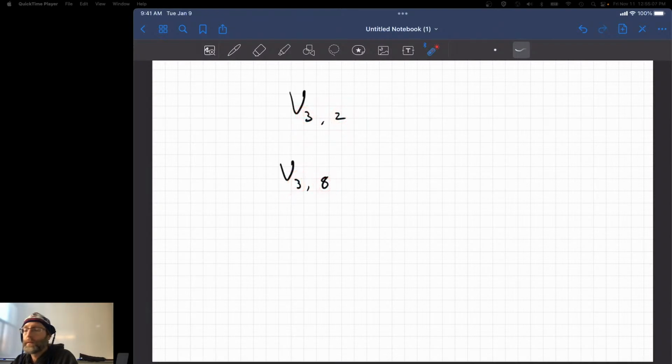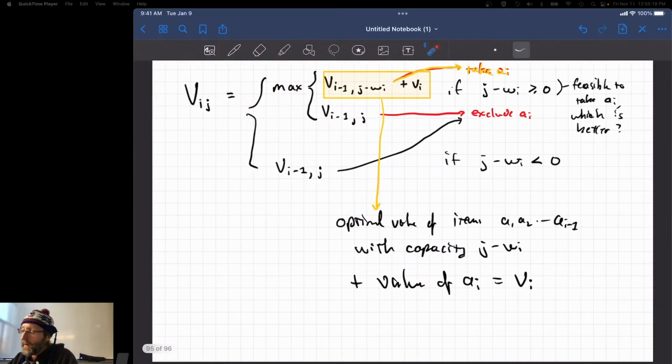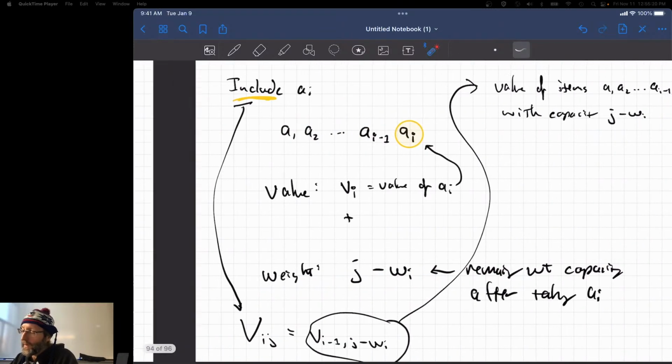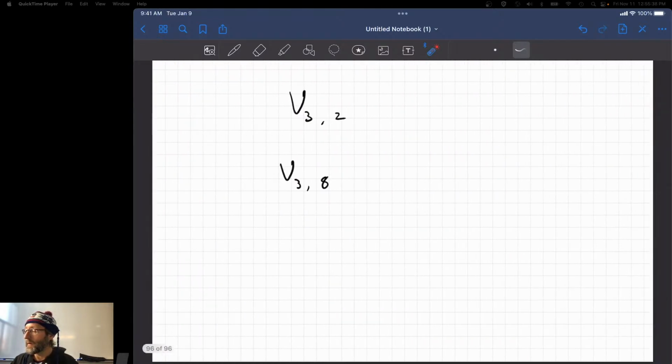So even though they're both V sub 3, one might be only carrying A1, one might carry A2. It's some subset of items A1 through A sub I minus 1. You're not taking them all necessarily because you can't. You're just taking some subset. I don't know what that subset is. We'll have to rebuild that subset based on this solution.